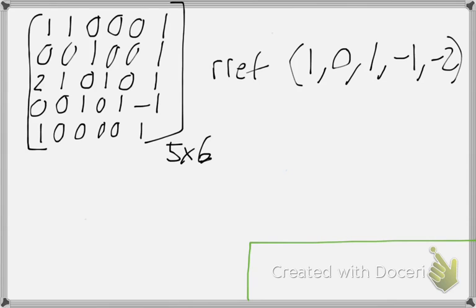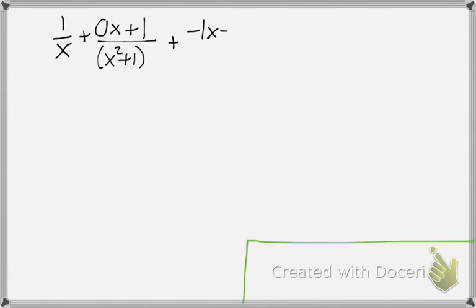So what that means is our answer is 1 over x plus 0x plus 1 over x squared plus 1 plus -1x minus 2, and I'm losing my voice.